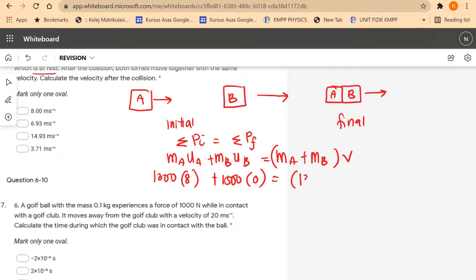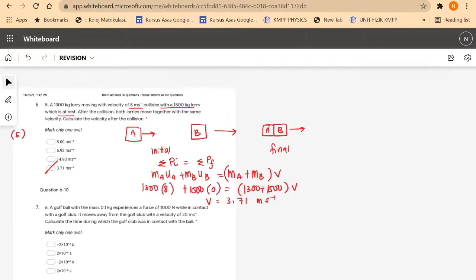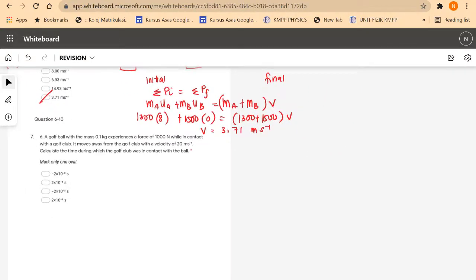And then mA plus mB times V, which is the unknown that you have to find. So V equals 3.71 meters per second. So the answer is D. Number 5 is D. And then proceed to number 6.